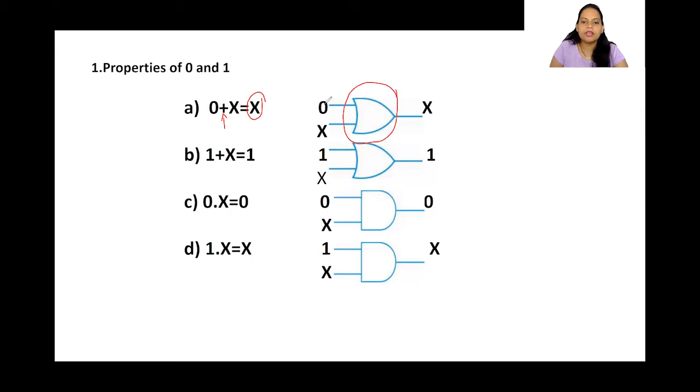So whenever we give 0 and any variable as input, the output is always the same variable. We are going to prove all this. Next, whenever we give input 1 and x to an OR operator, we will always get 1 as output. This is what the second rule is saying.